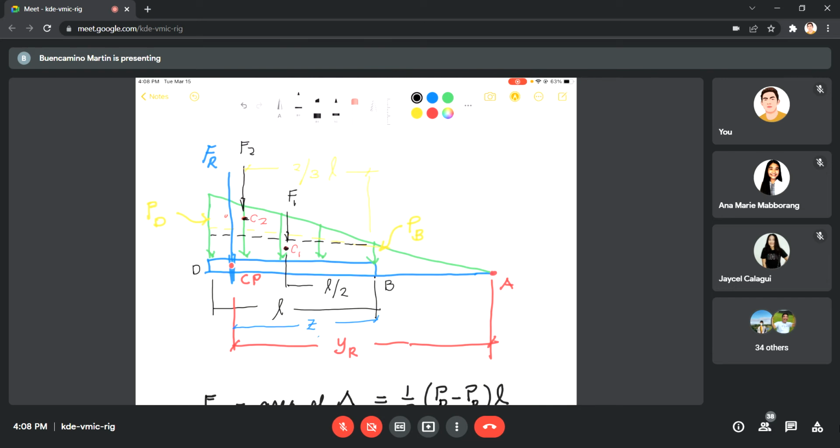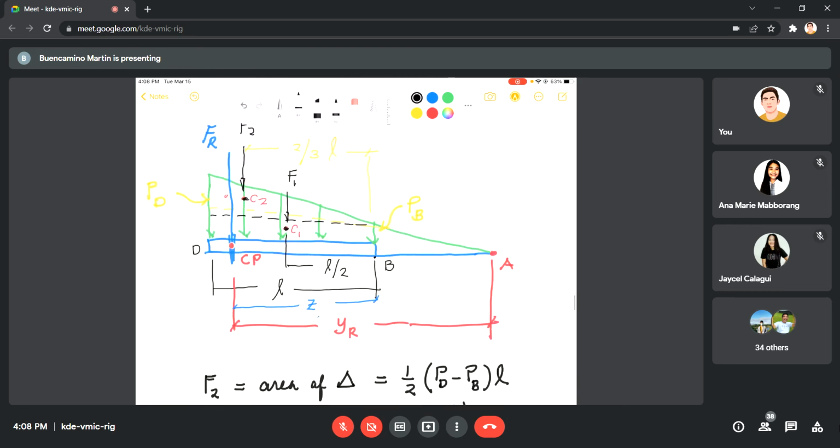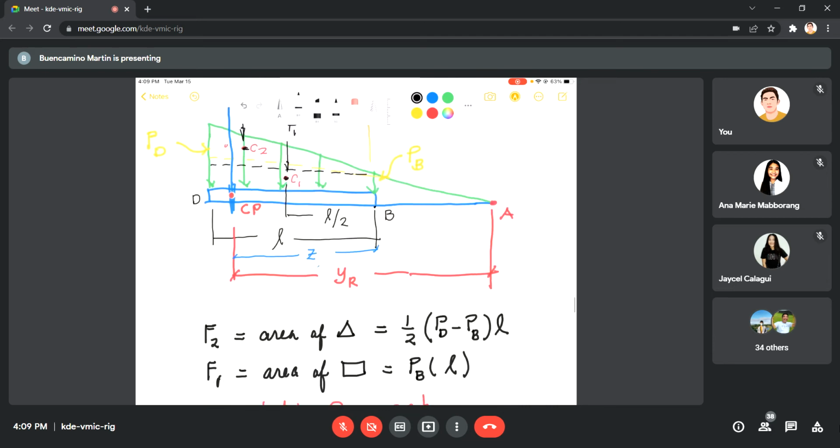Now, paano natin kunin yung F2? So, F2 is the area of a triangle that is 1/2 times yung difference in pressure between D and B times the total length L. And yung F1, which is the area of the rectangle, is pressure B times the whole length from D to B.